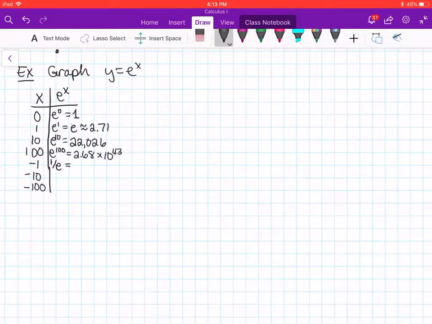We got 1 over e when we substitute in -1 is, well, seems like I haven't calculated that. So this is a good time to challenge yourself and see if you can get the answer too. So here we go.